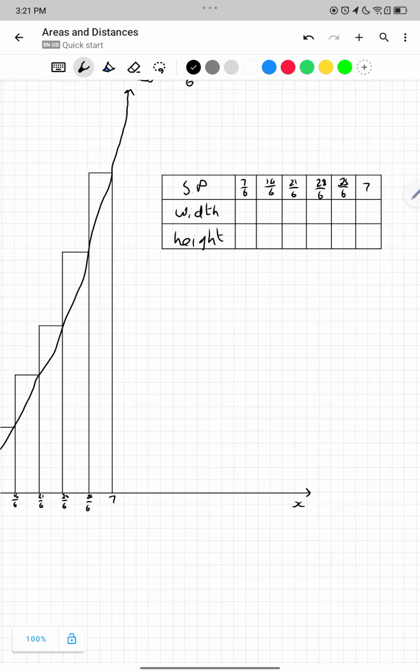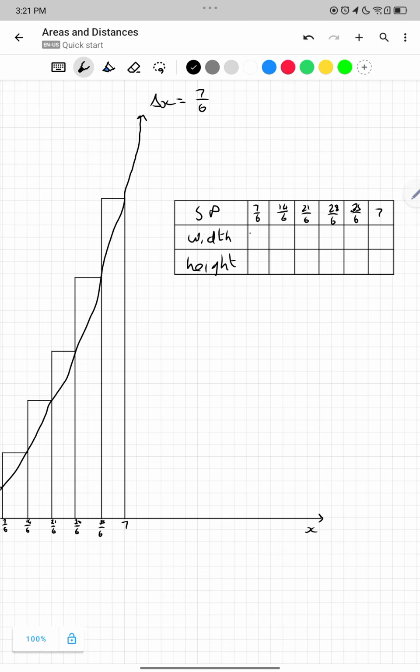Then we have our width, which is 7/6, right? So 7/6, 7/6, 7/6, 7/6, 7/6, 7/6.